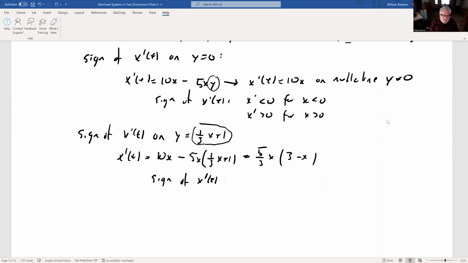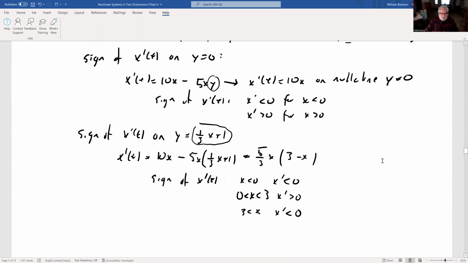So for x less than 0, x prime is negative. For x between 0 and 3, x prime is positive. For 3 less than x, x prime is negative. And again, you can do that with a sign chart or just by properties of parabolas.